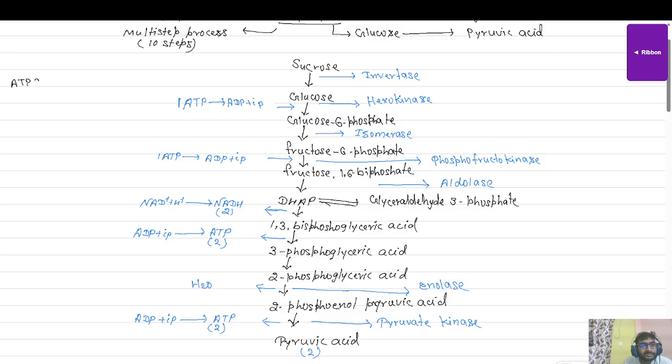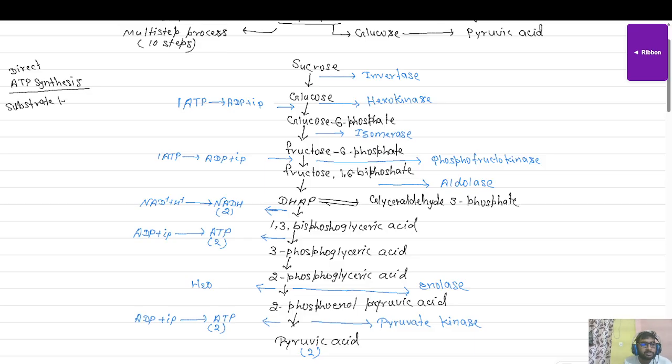ATP synthesis occurs in two ways. I'm talking about direct ATP, where direct ATP is formed from ADP, which is known as substrate level phosphorylation.